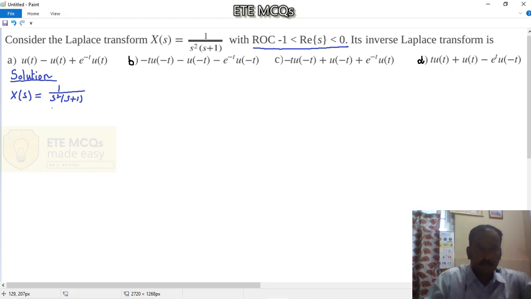Now, in order to find the inverse, let us apply the method of partial fractions to the above X(s).